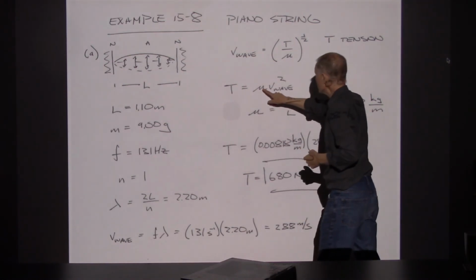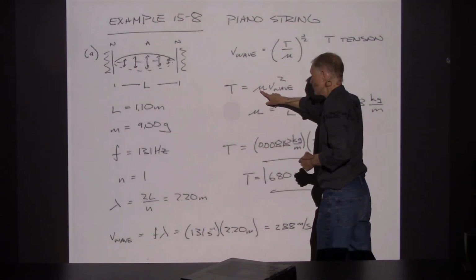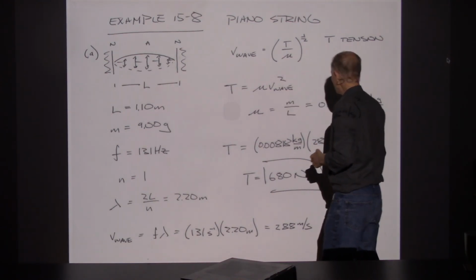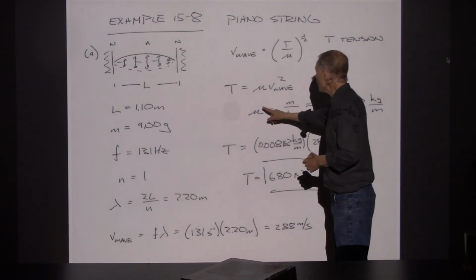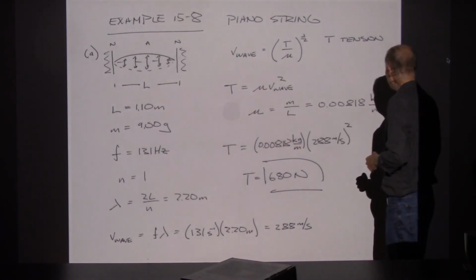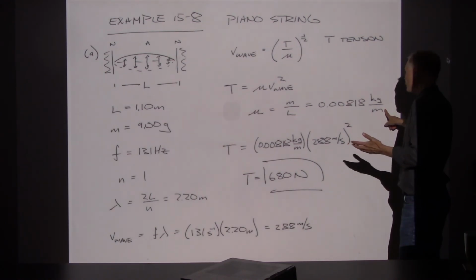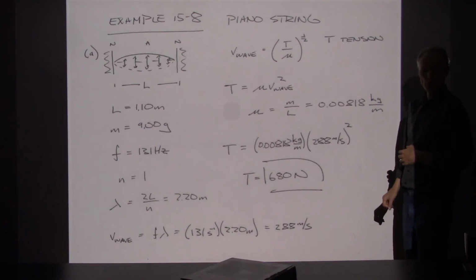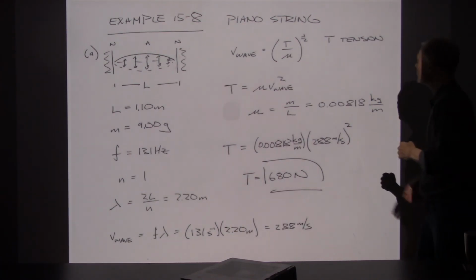The tension will be given by taking mu times v wave squared. So now the mu value we get from taking the mass and dividing by the length, 0.00818. Remember, this has got to be in kilograms per meter. Everything's got to be in a standard unit.